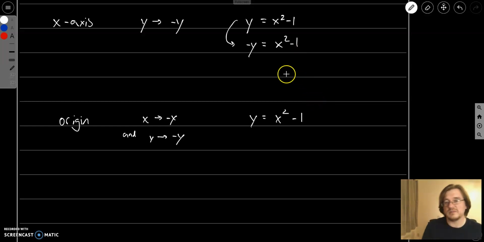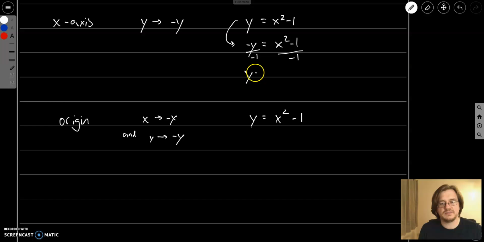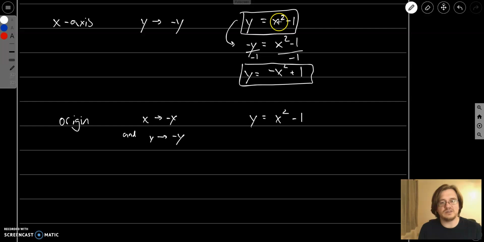To make this simpler, I'm going to divide both sides by negative 1, so I can cancel out that negative sign, and I will get negative x squared plus 1. Looking at the original equation and this bottom equation, y is equal to x squared minus 1, y is equal to negative x squared plus 1. These aren't the same function, so it's not symmetrical about the x-axis.